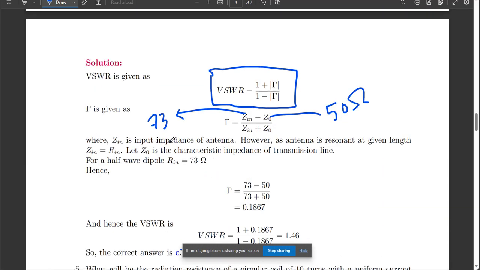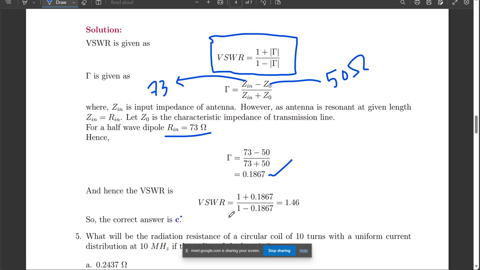So Zin, the input impedance for a half wave dipole, as I already told you, is 73 ohms. You put it in the formula for reflection coefficient, and you will find the reflection coefficient equals 0.1867. So VSWR will be 1 plus 0.1867 upon 1 minus 0.1867.